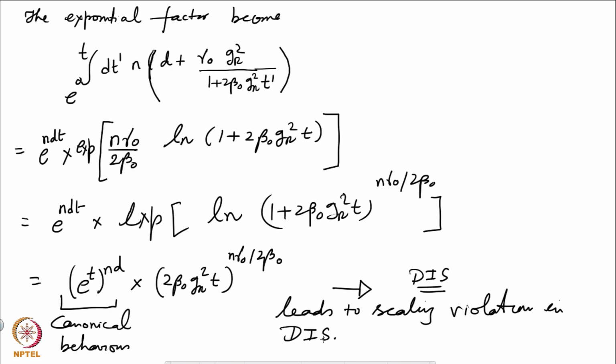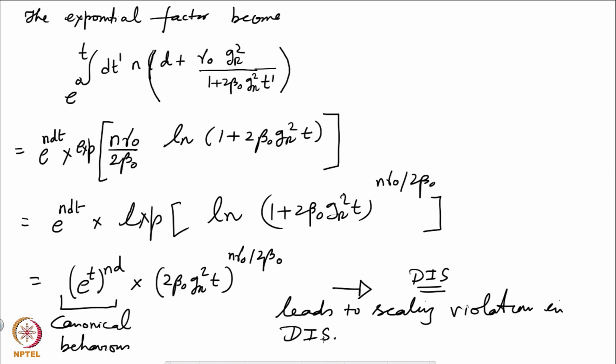Okay, let me just say in words again what we have done here. So we have seen that if you have an ultraviolet fixed point, okay, at which the coupling constant is 0, and if you look at your Green's function in that limit, you would very naively expect that because the coupling constants are going to 0, the scaling of momenta would be visible as this e to the power nd.